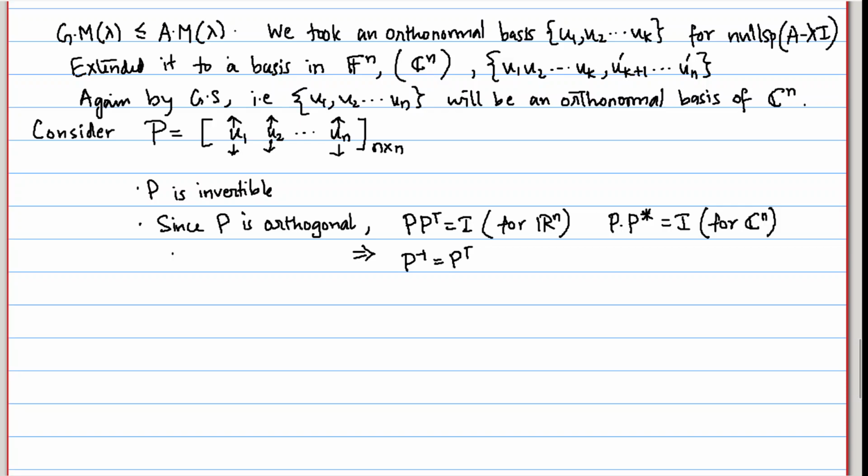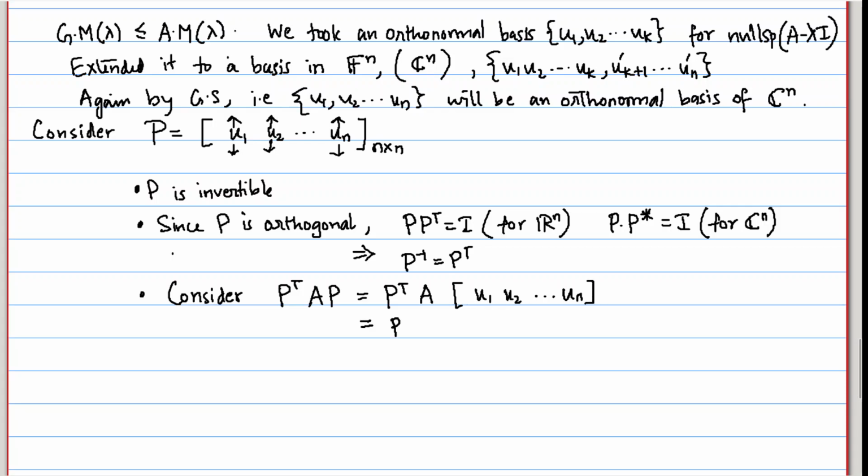Now consider the matrix P transpose A P. This is P transpose times A times P, where P is u1, u2, and so on up to un.